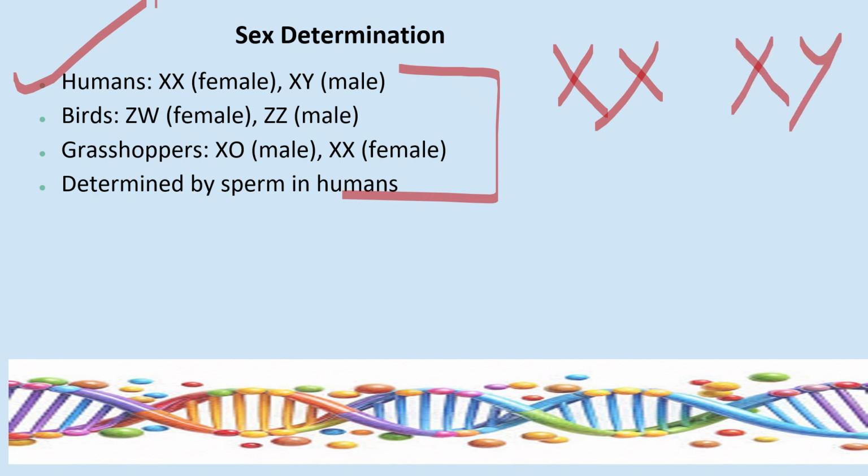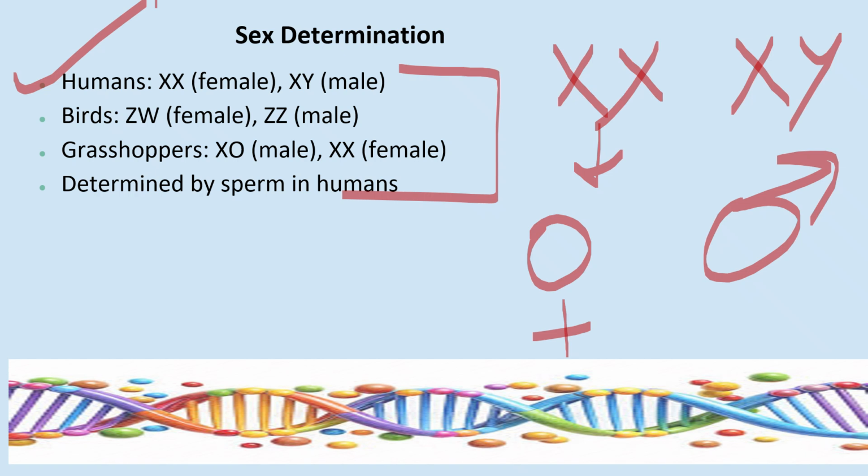So XX will form a female, whereas XY will form a male.